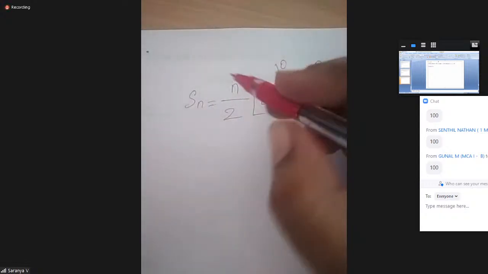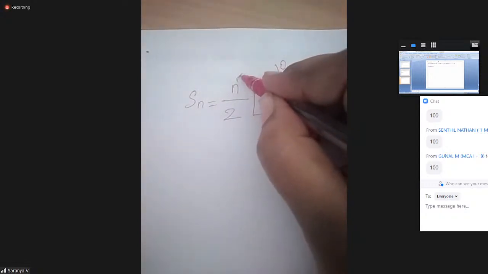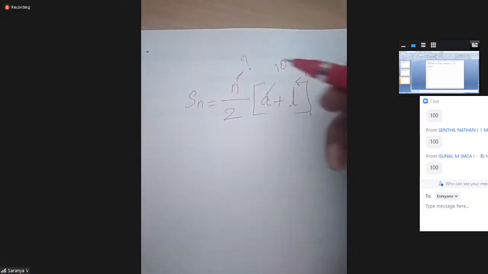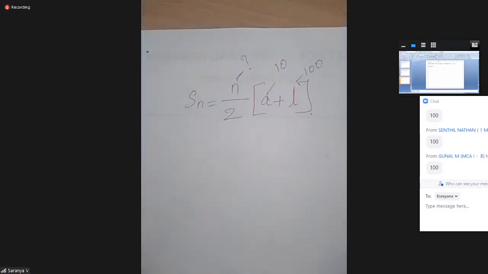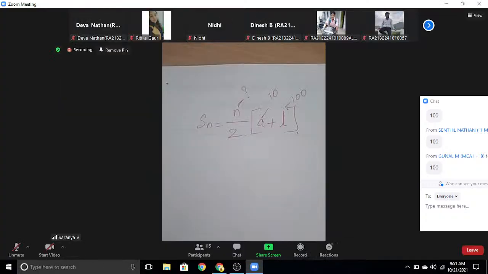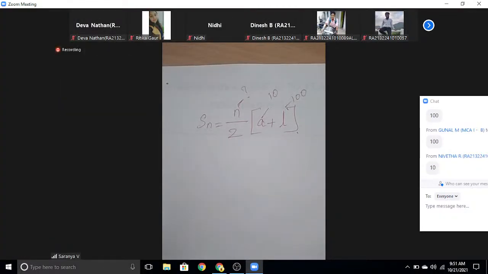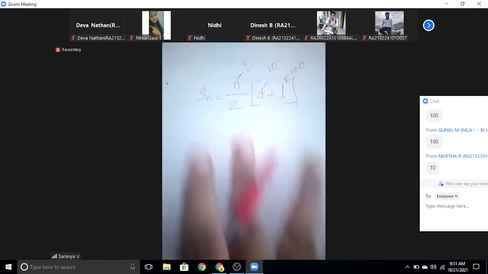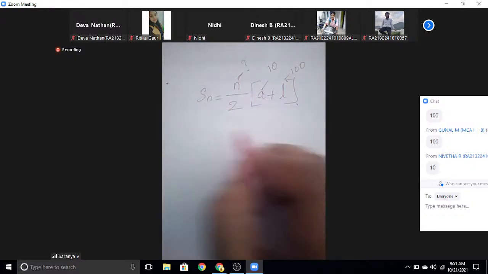Now I need to know the total number of terms in this. That means I need to find this n. Yes or no? So if you find that n, we can easily calculate the sum of the terms. Got it? Okay, to find the nth term, what is the formula to find the nth term?